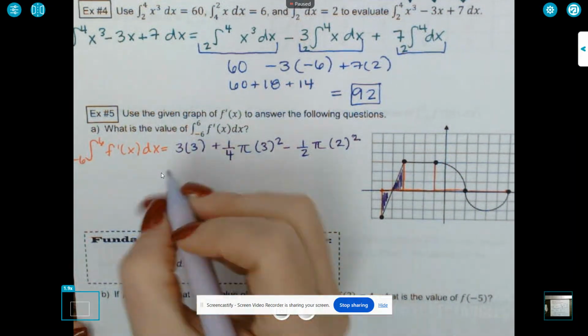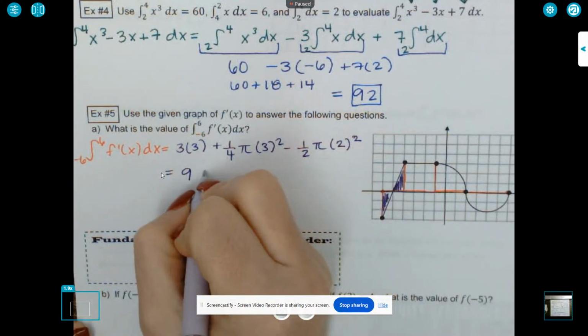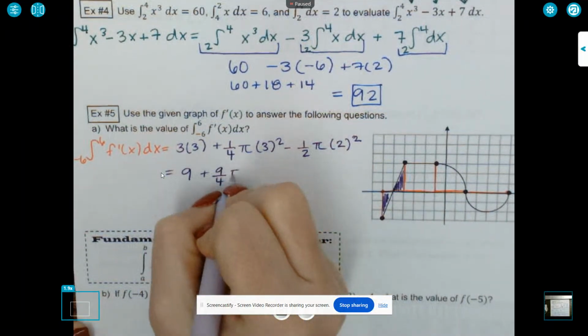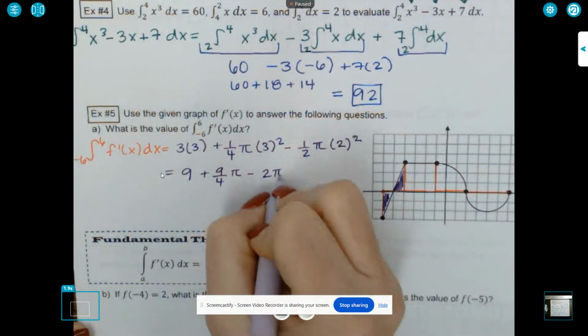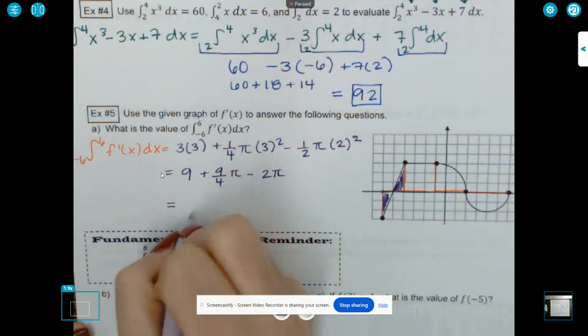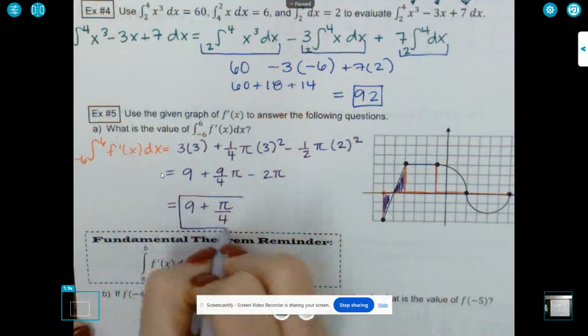And then we're just going to do this math. That's going to be 9, that's going to be 9/4 pi, and that's going to be minus 4/2 pi. So if you simplify that out, you should get 9 plus pi over 4.